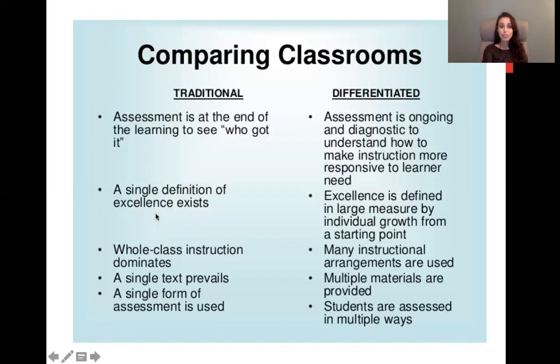They might have a single definition of what excellence is. There's only one way to do it right. There's only one way to turn the project in or the paper in. So students who might be stronger in other areas just don't do very well. I saw this all the time with my students who are more action and movement based. They were great at projects.